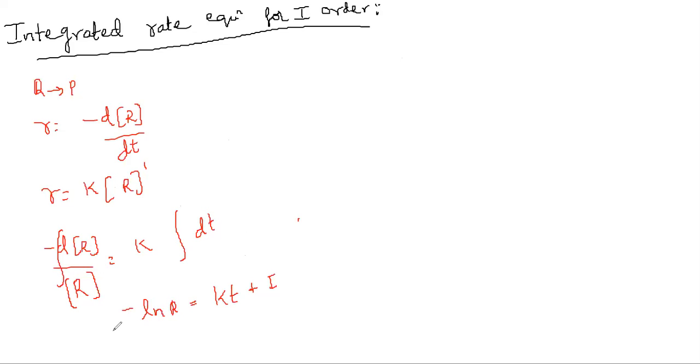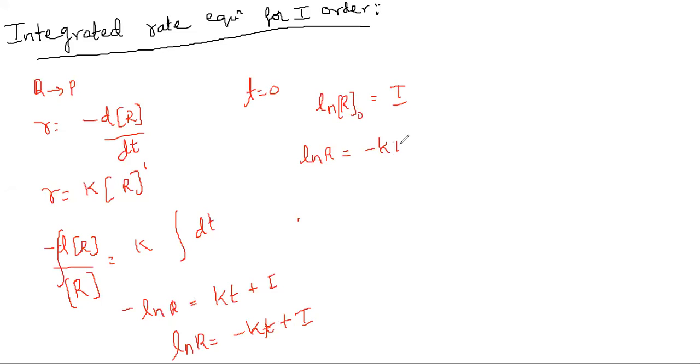Okay. So on integrating 1 by r, we got ln r plus kt plus I. So this becomes, next, ln r is equal to minus kt plus I. So next, again at time t is equal to 0, ln r becomes ln r naught, so ln r naught is equal to I. So putting it back in this place, ln r is equal to minus kt plus ln r naught.